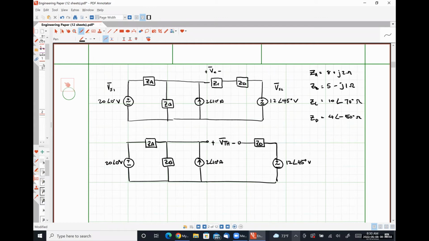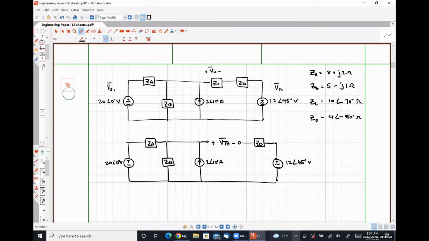Let's talk very briefly about what the voltage is going to be on the right-hand side of the circuit. Anybody have any thoughts? So the voltage drop across ZD will have something to do with it, but what is the voltage drop across ZD? We should be able to see by inspection what that value is.